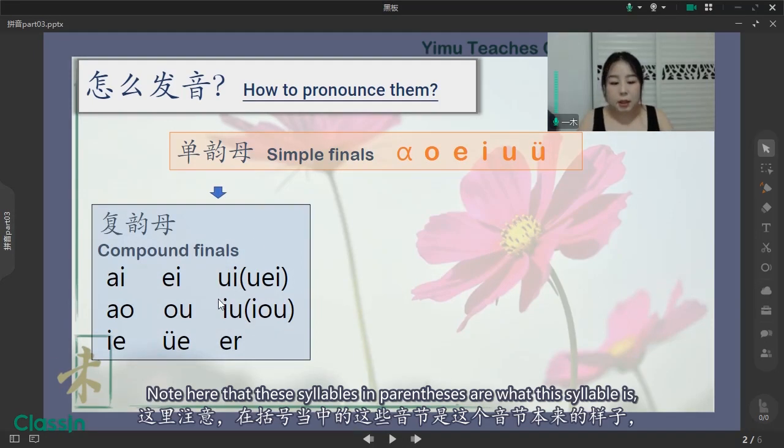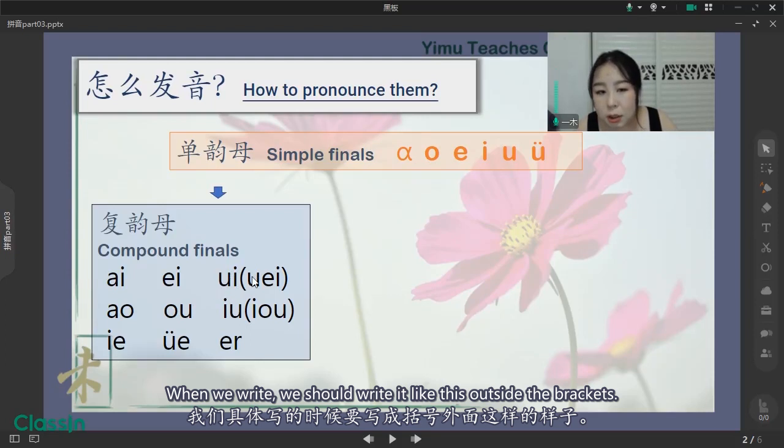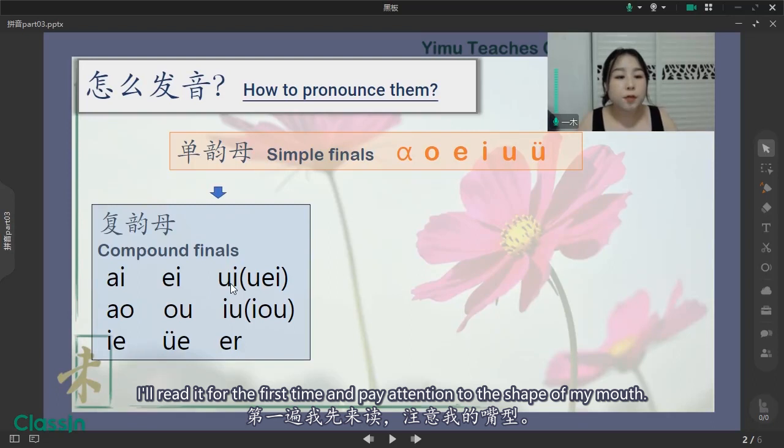Note here that the syllables in brackets are what this syllable is. They're just to help us pronounce. When we write, we should write it like this outside the brackets. Try to read them with me. I'll read them for the first time, so pay attention to the shape of my mouth.